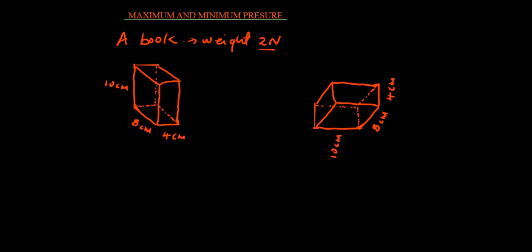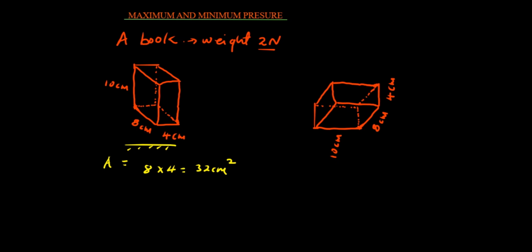For this book, let's say in a position where 8 centimeters and 4 centimeters are facing downwards, that is, they are the ones in contact with the table, the area will be very small, and actually the area will be 8 times 4, which is equal to 32 square centimeters.